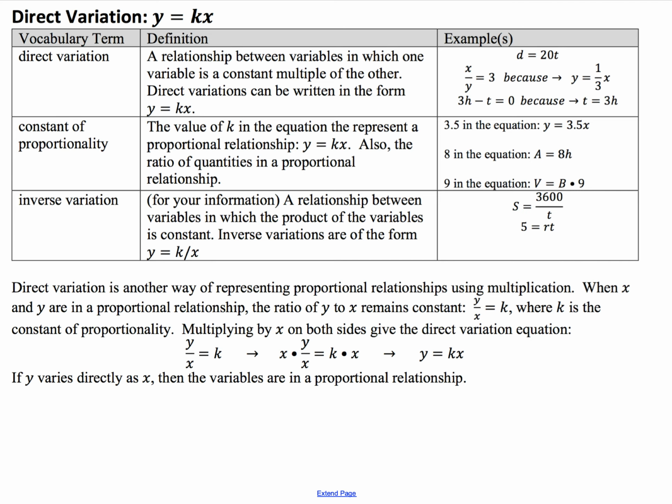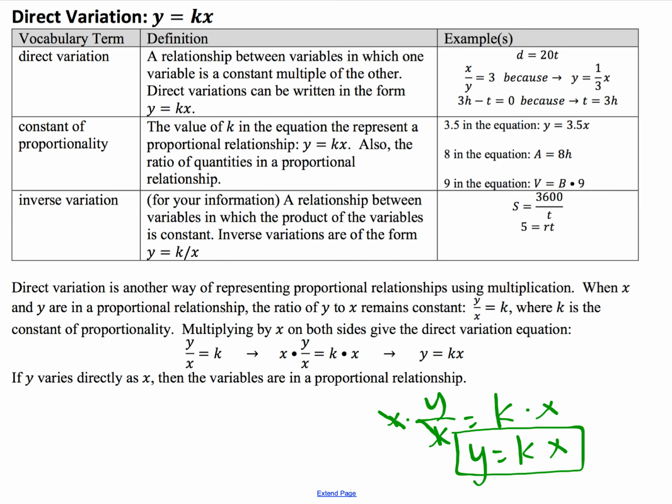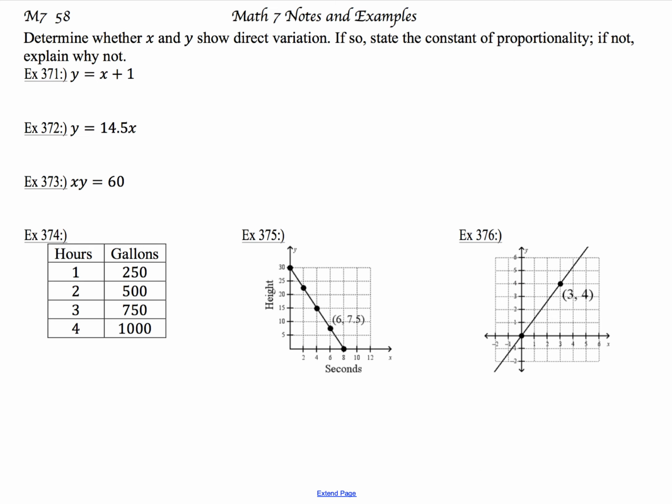As we multiply both sides by x, it gets rid of the x from the bottom of this fraction, and we are left with y equals kx. So this equation comes directly from the idea that the ratio between x and y is constant. That's what makes it direct variation. Okay? And it is another way of saying they're proportional.